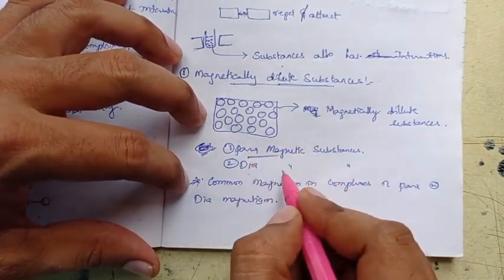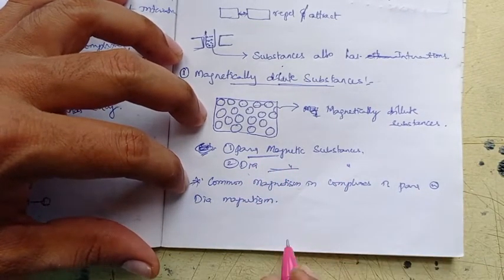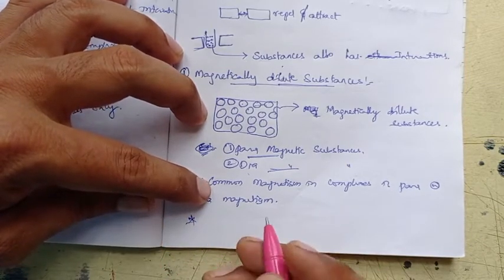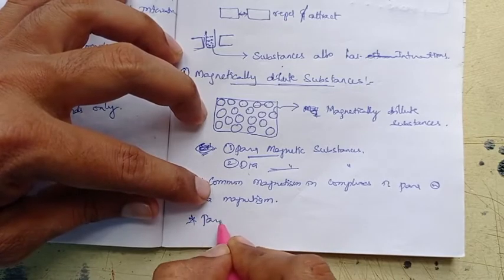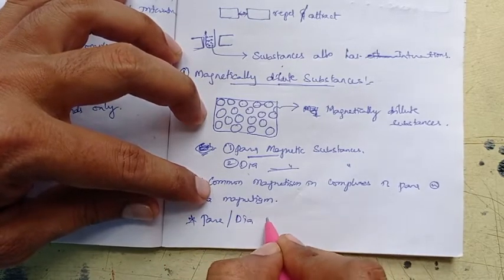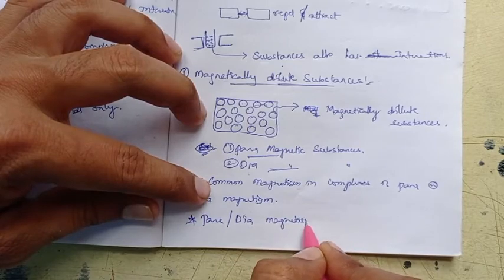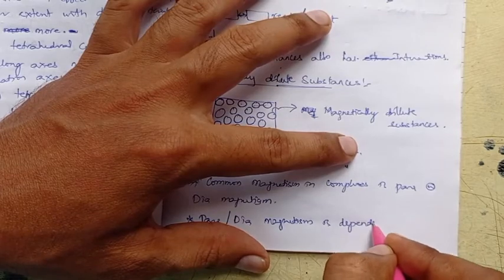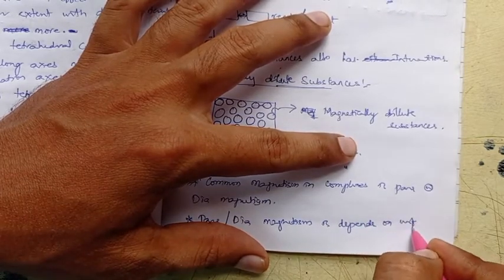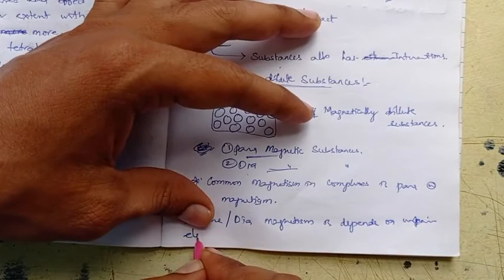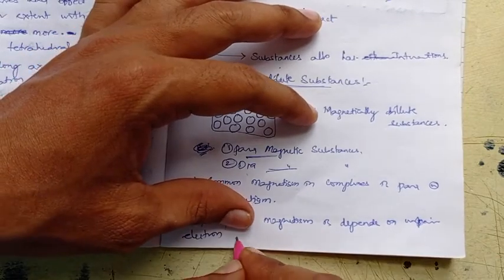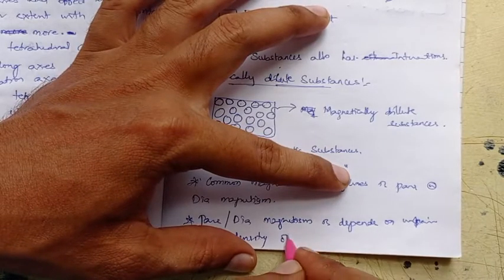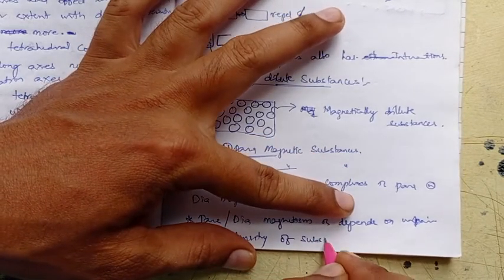One more point I left in the last topic, magnetically dilute substances. Paramagnetism and diamagnetism are generated with respect to unpaired electrons in the substance. Para or diamagnetism depends on the unpaired electron density of the substance or compound.